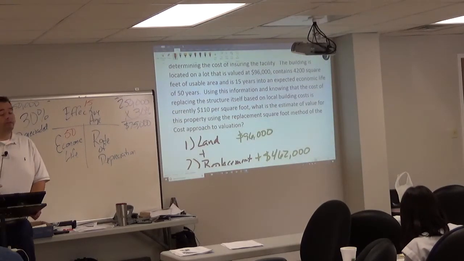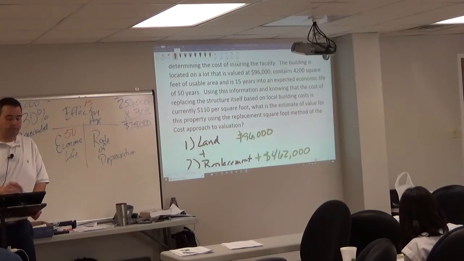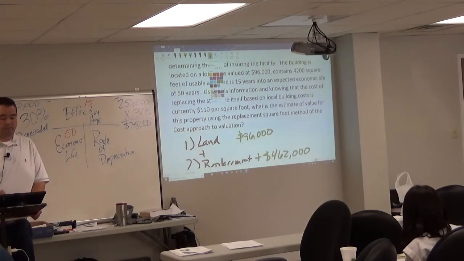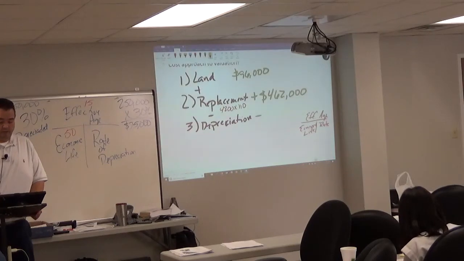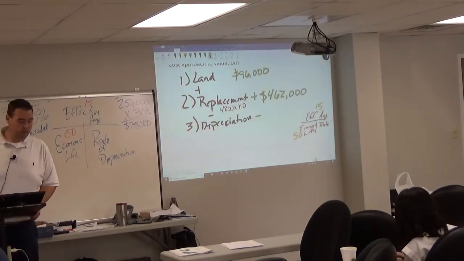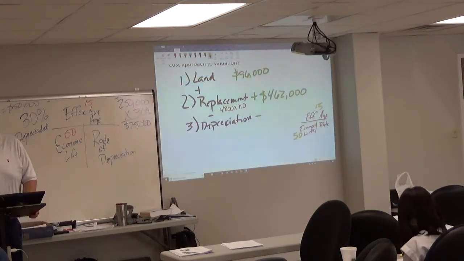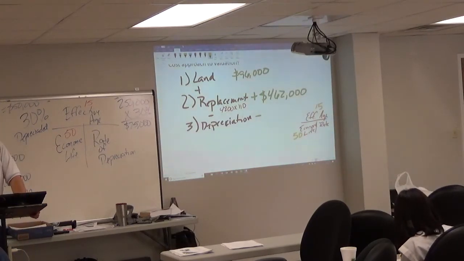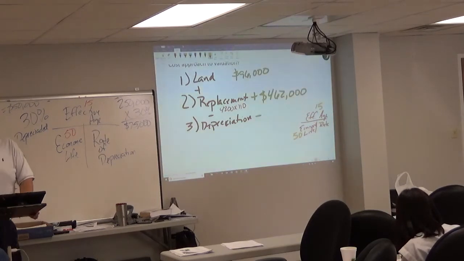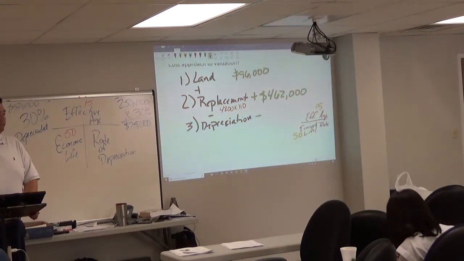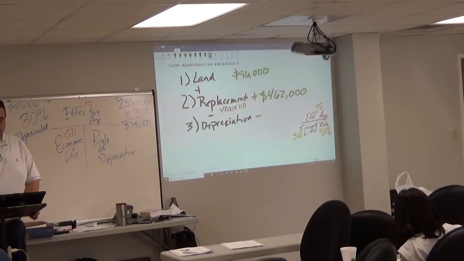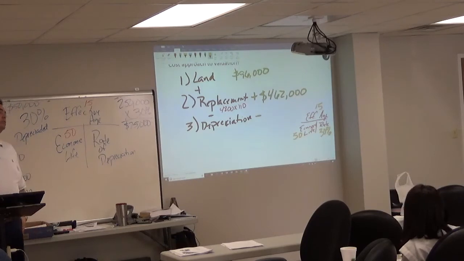Effective age is how long? 15 years. Okay? And then what's our economic lifespan? 15 over 50. Yep. And if we do that math, 15 divided by 50 times 100, because we're calculating the rate, that's 30% depreciation, looks like to me. Does that sound about right? 30%.